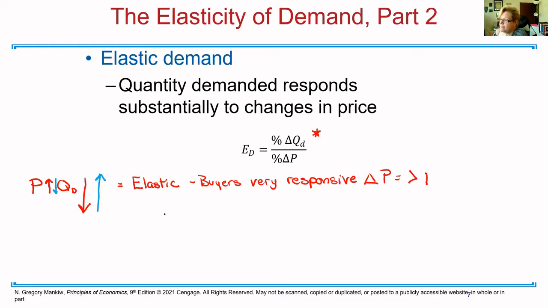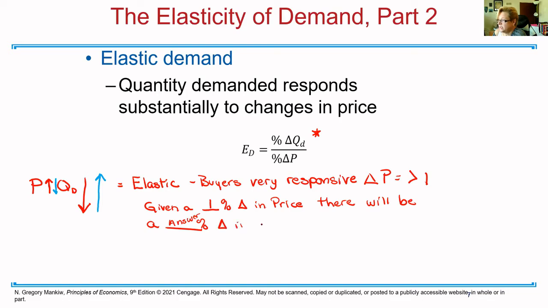What essentially that means is, given whatever we end up with as a number here, I'll just use 1, given a 1% change in price, there will be a, and I'll just put answer, change in the quantity demanded, and you have to say ceteris paribus, all else held constant, or other things equal.